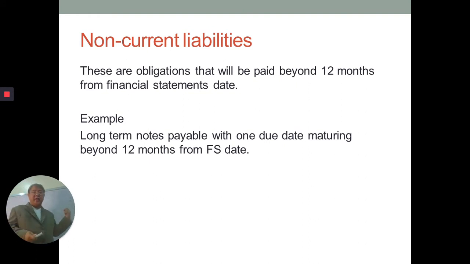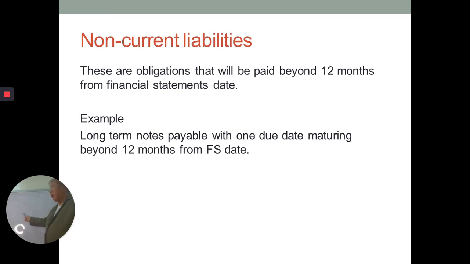These are liabilities that are expected to be settled after the 12-month period, or beyond 12 months from the financial statement date. For example, we're talking of the December 31, 2018 financial report. If the liability is due within 2019, those are current. If the liability is due within 2020, and we're talking of 2018, then that's already a non-current liability.